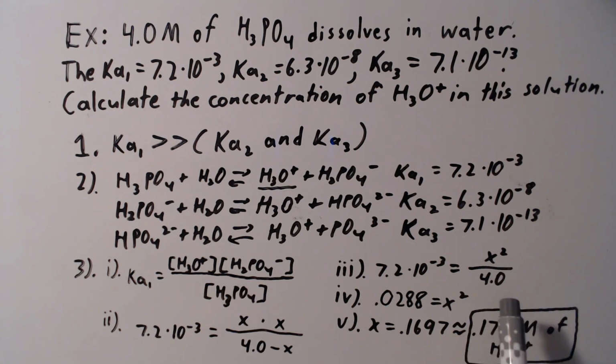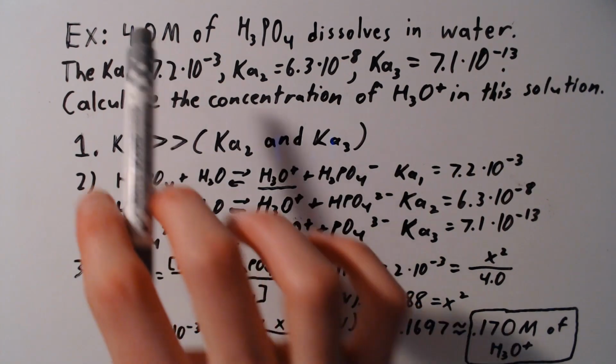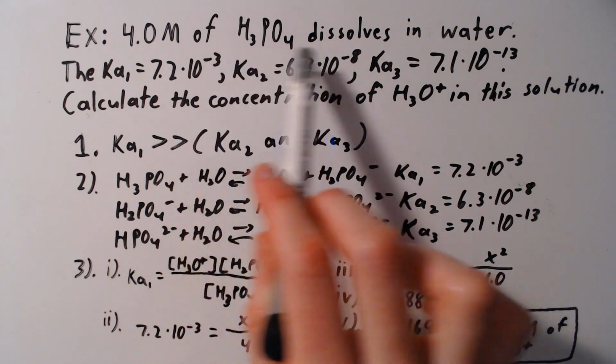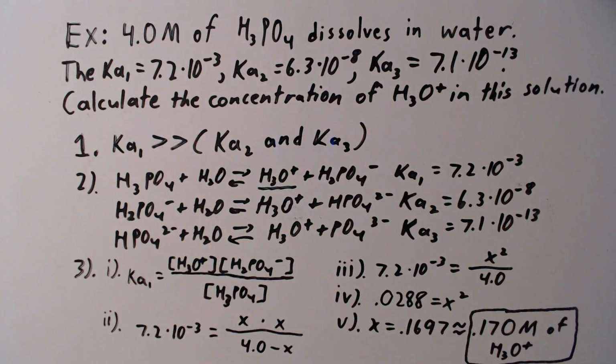Now we just multiply this 4 by 7.2 times 10 to the negative third. We get 0.0288 equals X squared. Take the square root of the 0.0288 and we get 0.1697, rounded to 0.170 molar of H3O plus. So the concentration of H3O plus is essentially 0.170 molar for the 4 molar of this phosphoric acid that was dissolved in water.